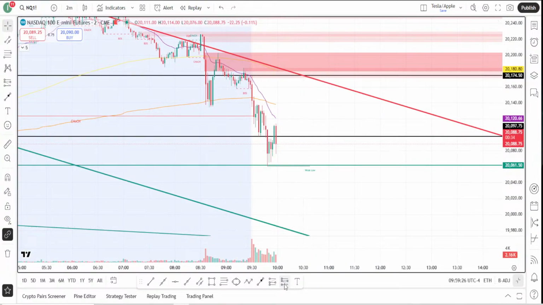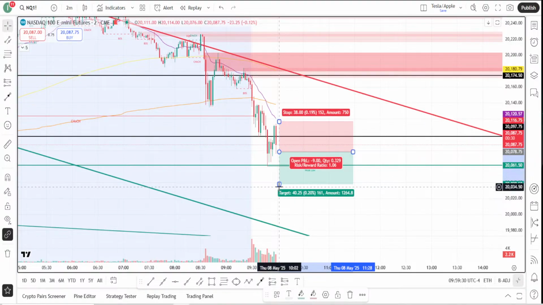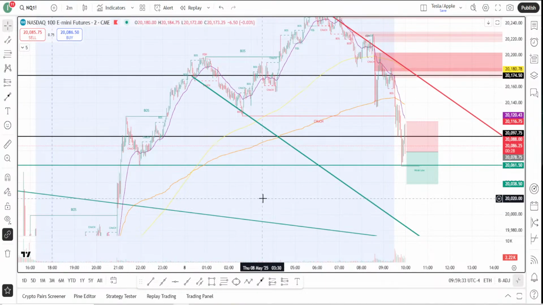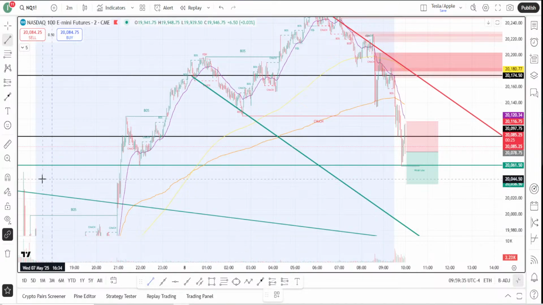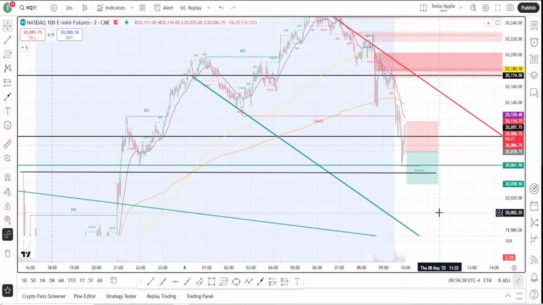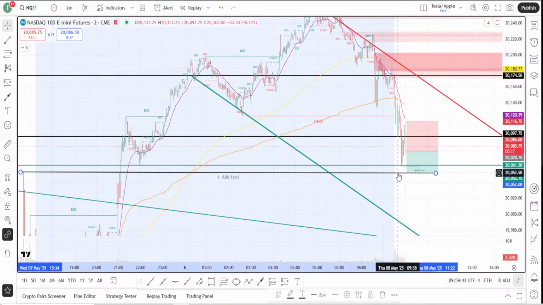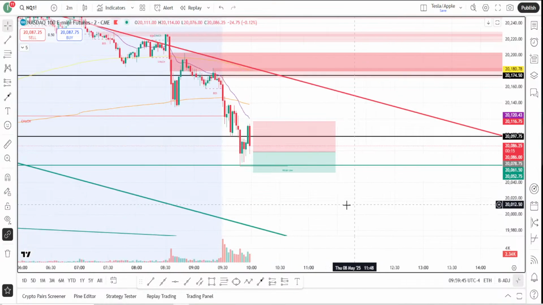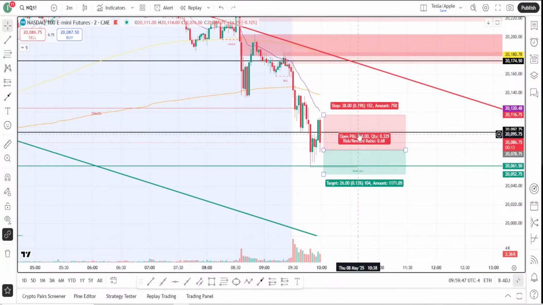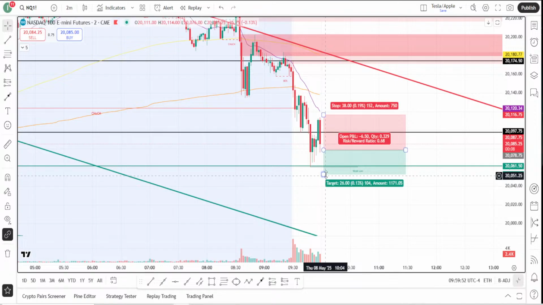Okay, but if I enter puts here, right, if I take shorts here, the closure of this candle, maybe I'll get out here. Maybe I'll do a quick scalp because it's not my preferred entry. Right? Maybe I'll lower my risk by sizing down on your contracts.